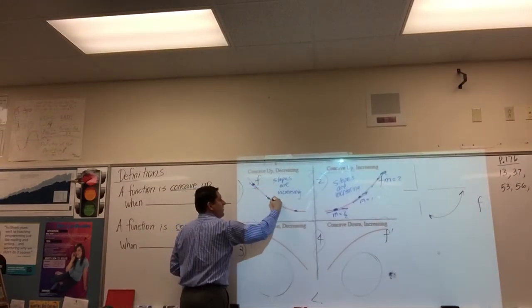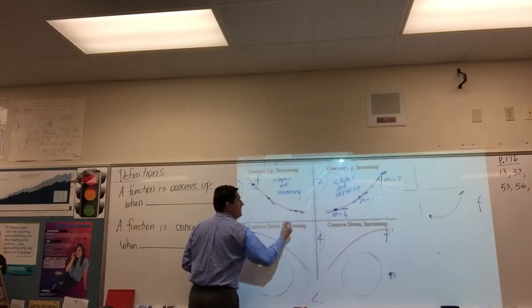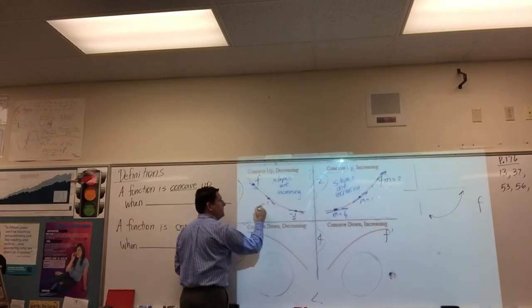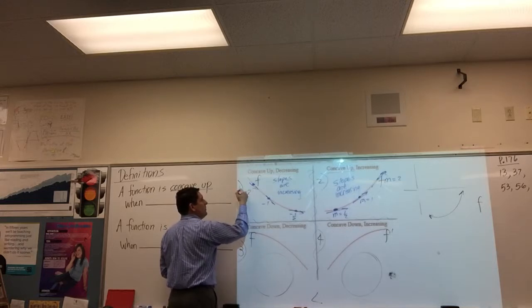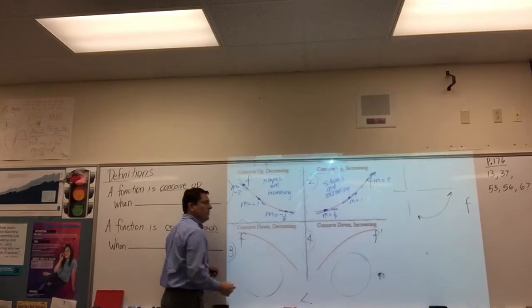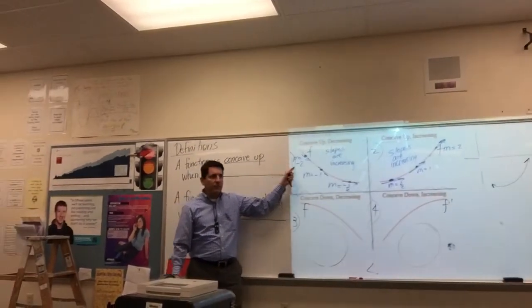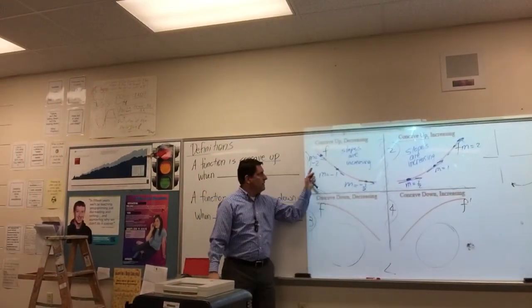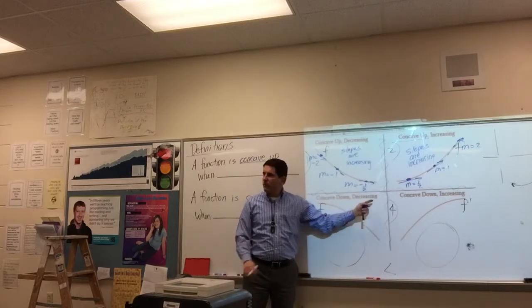So here, as I go from here to here to here, this one might be negative a half, this might be negative 1, this might be negative 2. Remember slopes. Notice your slopes as you go from left to right are increasing, even though they're all negative.